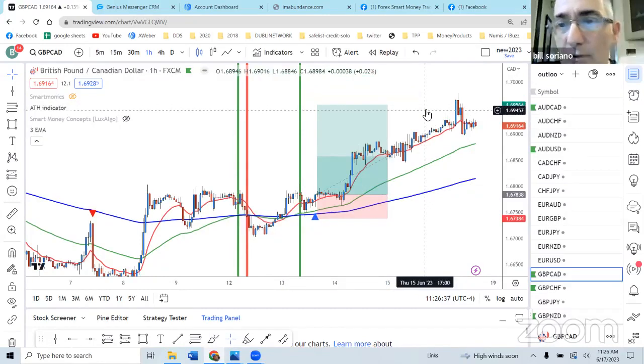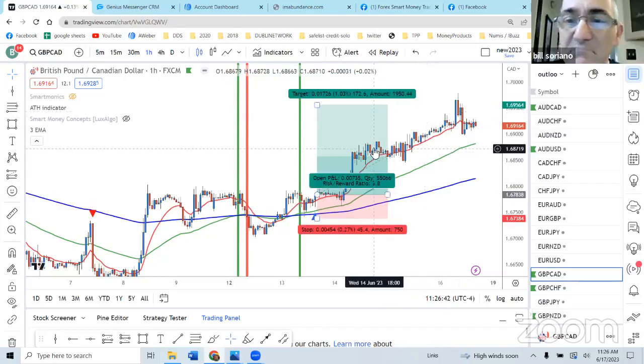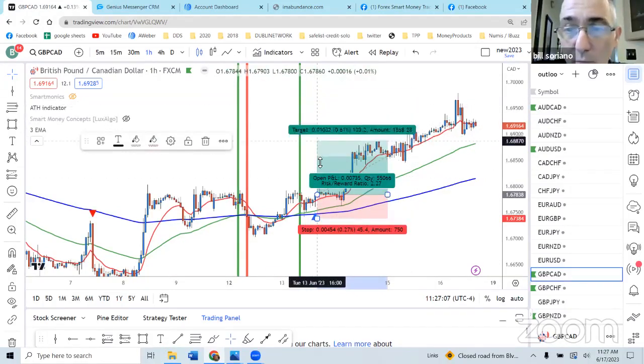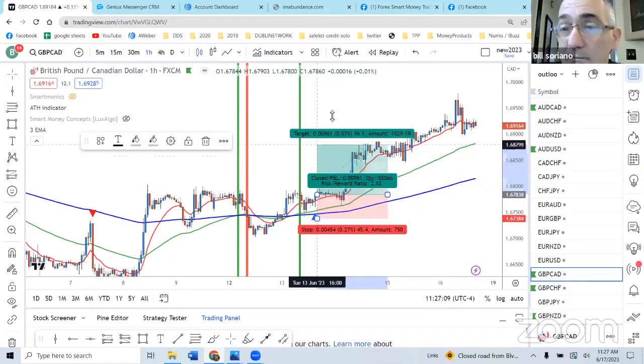For me, if I'm doing the 62 pullback using the ATH as a confirmation, I'm probably just going to get out once I get a 1-to-2, right? After I have about 25 winning trades to look at in my journal, and I notice, oh look, I could have gotten a 1-to-3, I could have gotten a 1-to-4, then I'll start implementing a different trade management plan where I maybe exit half the trade, like I showed you, at 1-to-2, and then move the stop loss to break even and let it run.